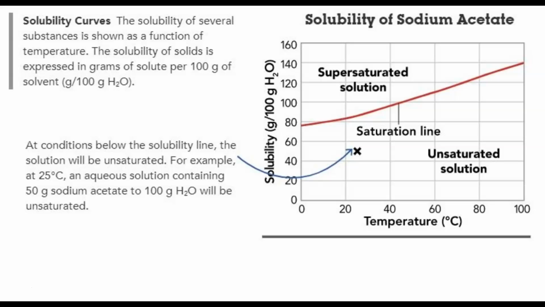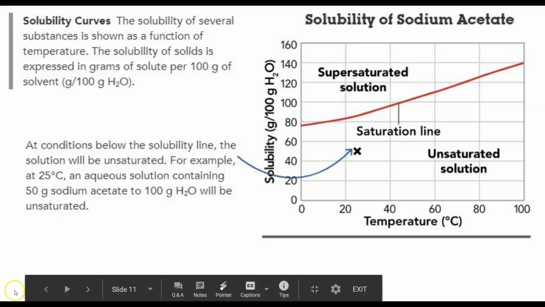So anyway, anything that is below that line, so like in this example, it's graphed out a point here, that is said to be unsaturated. Okay, and we'll talk about unsaturated here in a second. I'll give you a definition. And then if anything happens to be above the line, that is said to be supersaturated.